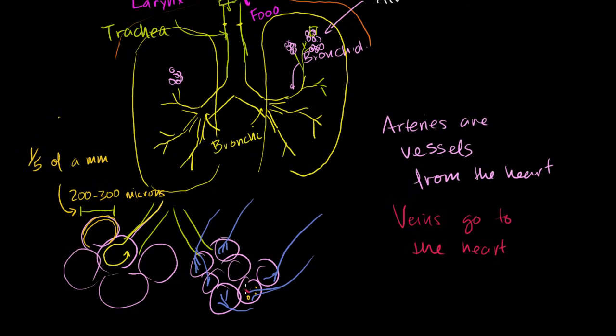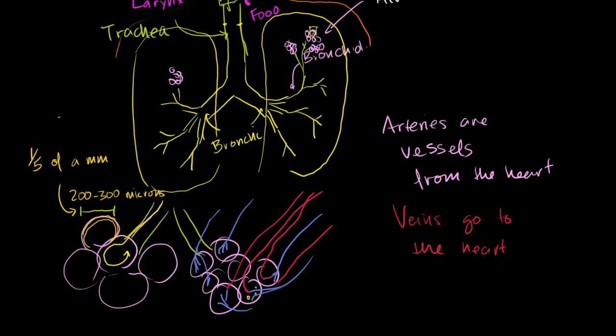Once it gets the oxygen, it goes back to the heart. So essentially, this is the point where this vessel, part of our circulatory system, goes from being an artery, because it's coming from the heart, to a vein, because it's going back to the heart.